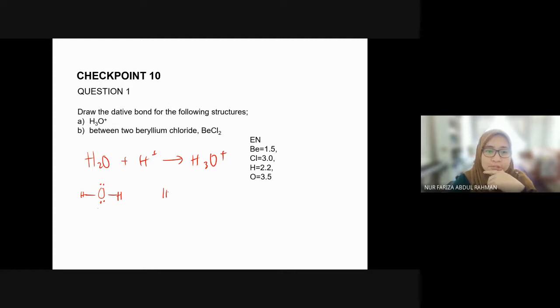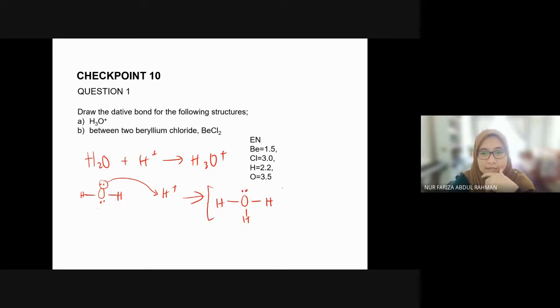Okay, and then we have H plus. So this lone pair can be used to form a dative bond with H plus. Okay, so if in proper we would get this structure. So one of the lone pairs has been used, right? So we have only one lone pair now.